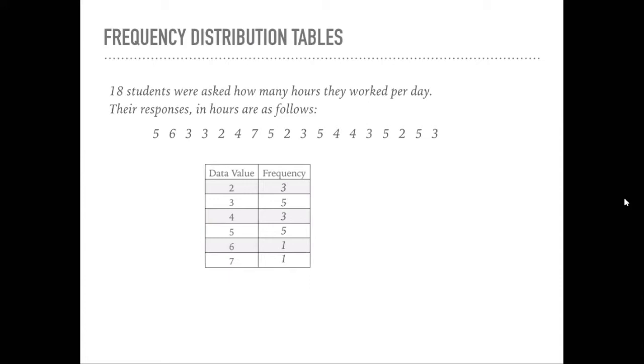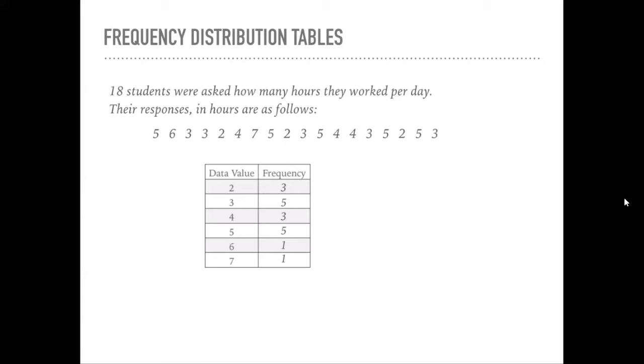Now, this sort of summarization into a frequency distribution table like this works well if we have a small amount of different data values that we could look at. So like here we have 2, 3, 4, 5, 6, and 7. So we only have 6 different data values that we're looking at.